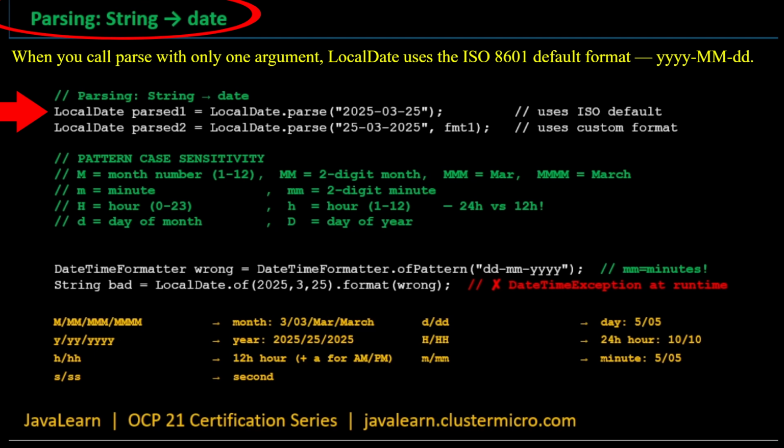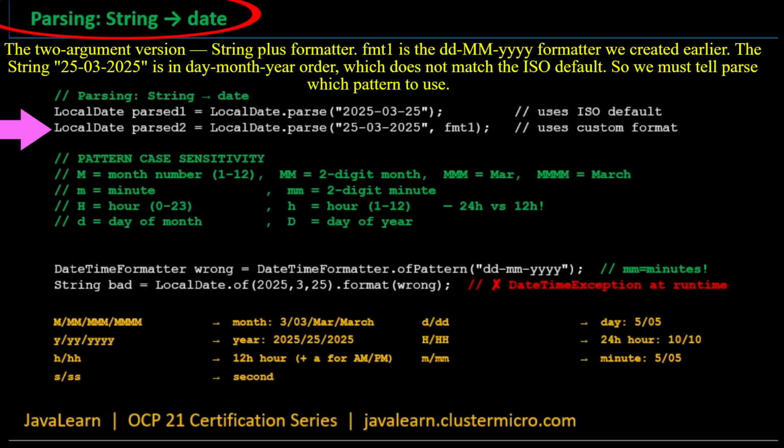Then we have LocalDate.parse("25-03-2025", FMT1). So this is the two-argument version, string plus formatter. FMT1 is the dd-MM-yyyy formatter we created earlier. The string 25-03-2025 is in day, month, year order, which does not match the ISO default, so we must tell parse which pattern to use.